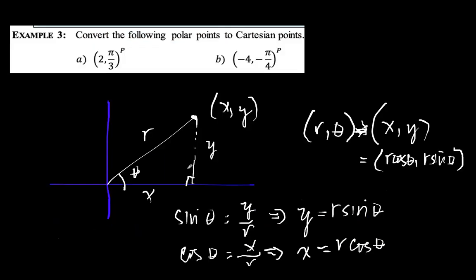Since we know the values of x and y, we're converting rectangular to polar. Given (x, y), to identify the angle measure, we use tangent theta, that's y over x, since our givens are y and x.